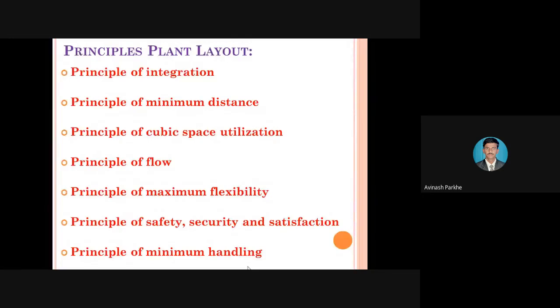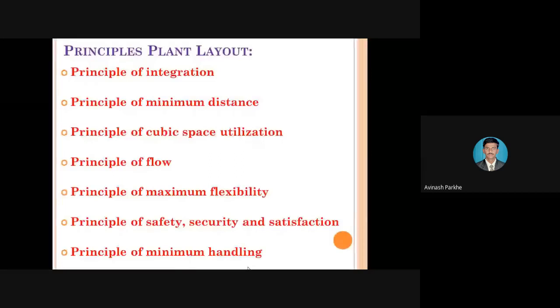So this is the last principle, which is related to the principle of minimum handling. If some heavy duty and medium duty components are to be handled by the operator, there may be a possibility of injuries and accidents. To avoid such situations, care should be taken in advance.